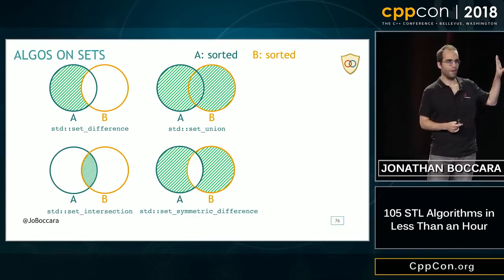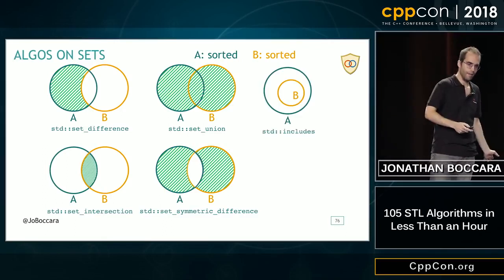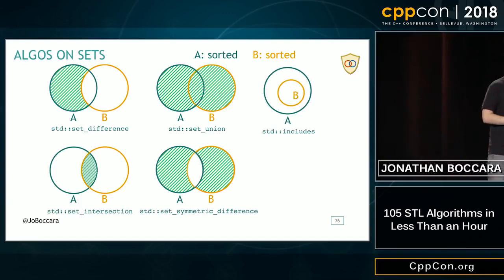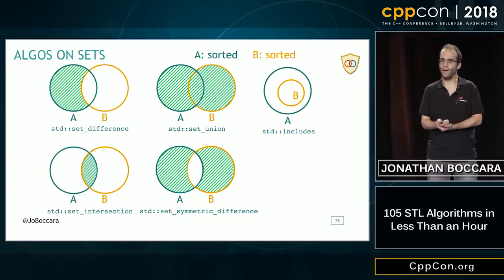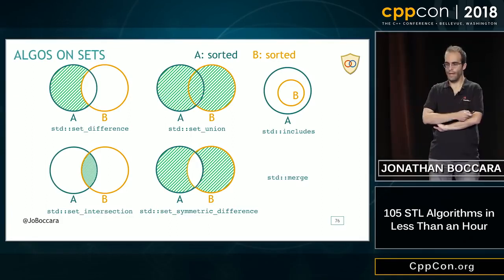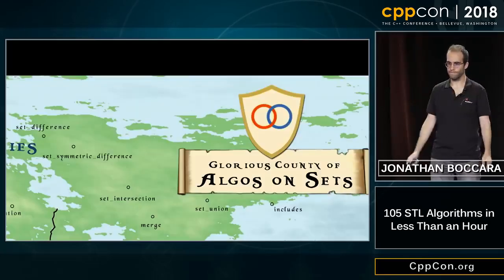That returns the elements that are in A and not in B, and those that are in B and not in A. includes, that returns a Boolean that indicates whether all the elements of B are also in A, and merge. That takes two sorted collections and puts them together into one big sorted collection.